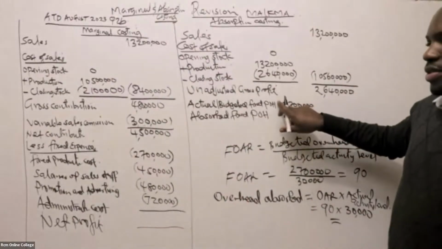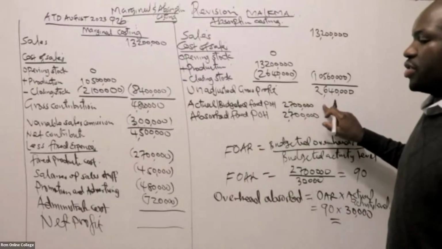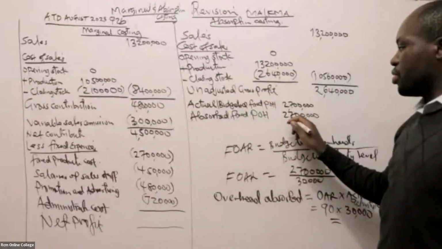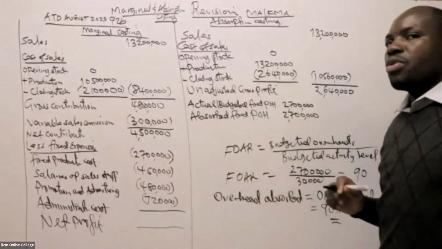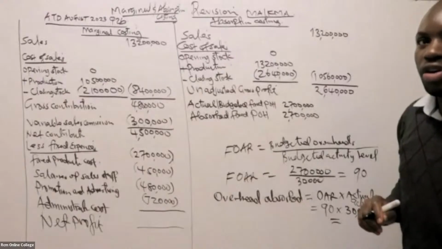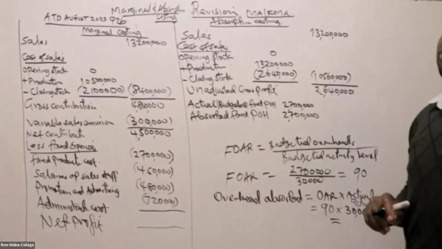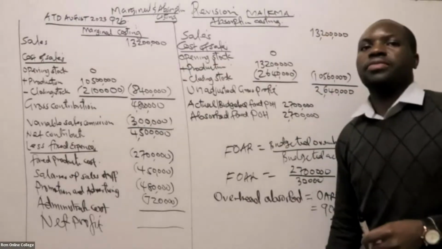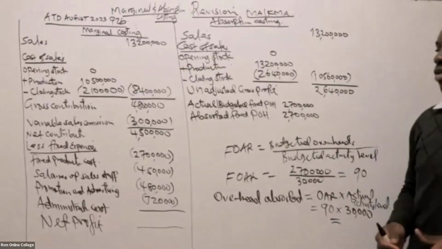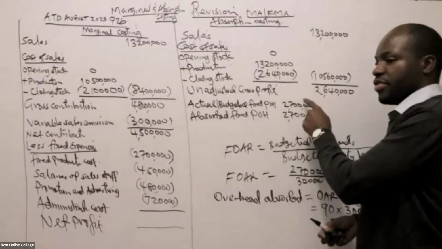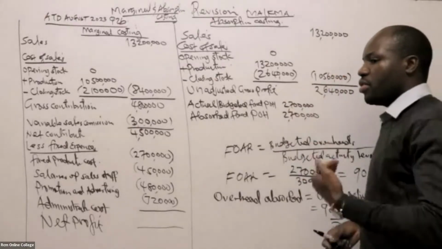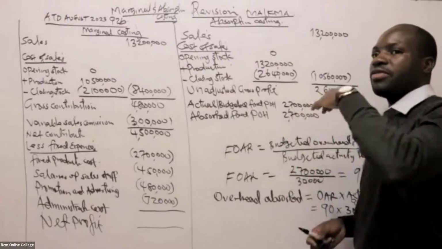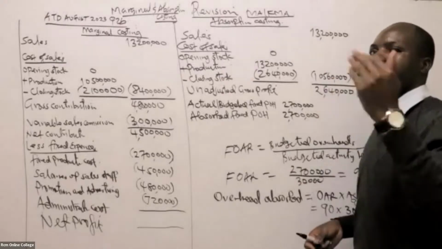The real expense is 2,700,000. What was absorbed into the production process is also 2,700,000. We don't have this animal called over or under absorption of overheads, which you are taught in the last part of topic number 4. The real expense is 2,700,000. What was absorbed into the production process is the same as the real expense. We don't have over or under absorption.